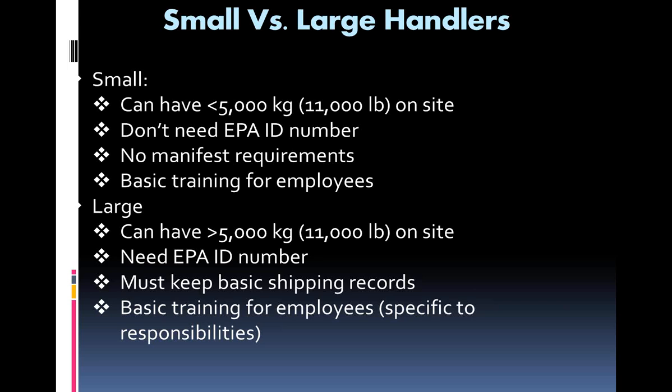They have to keep basic shipping records, so whereas the small quantity handlers don't have to have a manifest, the large quantity handlers do have to keep track of where things are going and when. They have to have basic training for their employees, and it's said on the EPA website to be specific to their responsibilities. So if you have someone who's going to be dealing with the universal waste a lot, maybe you would train them more in how to handle it than you would someone who's not dealing with it at all.